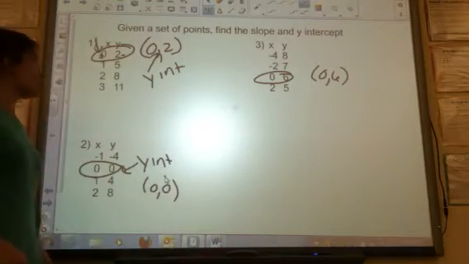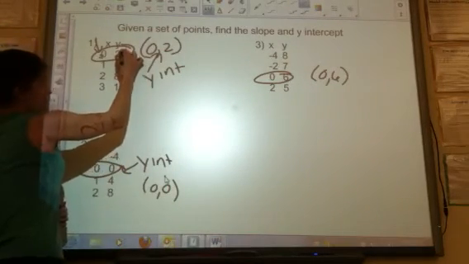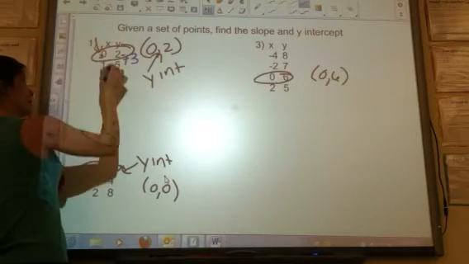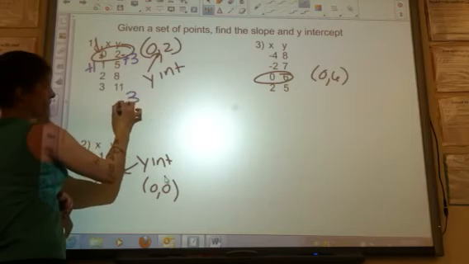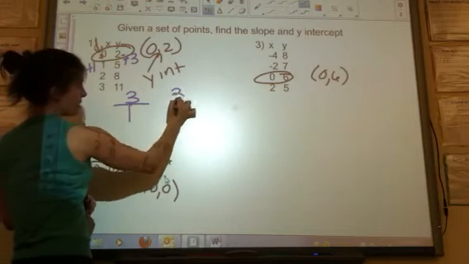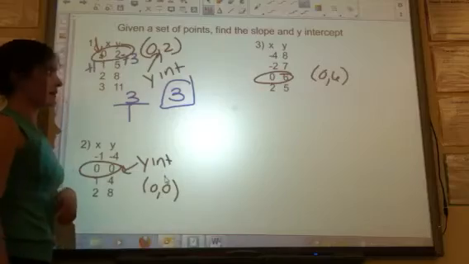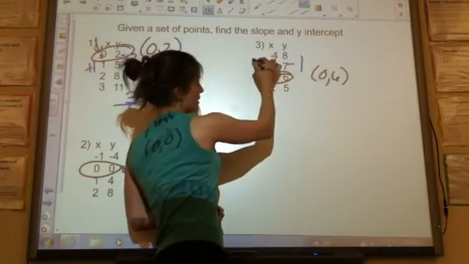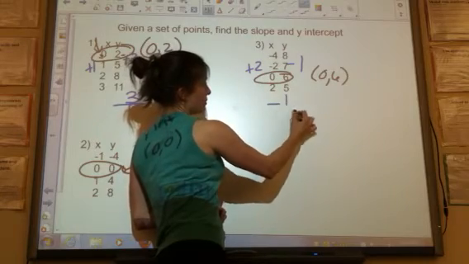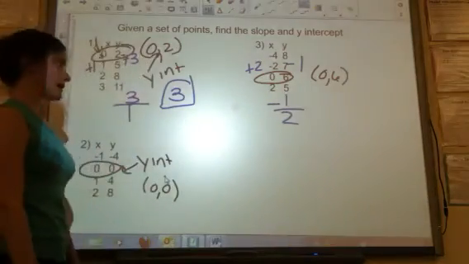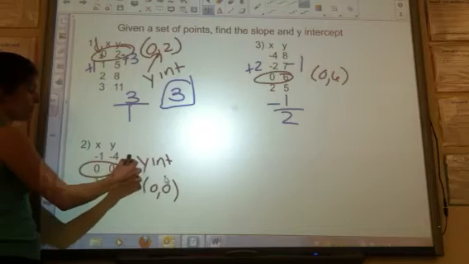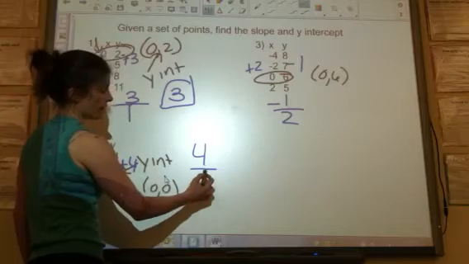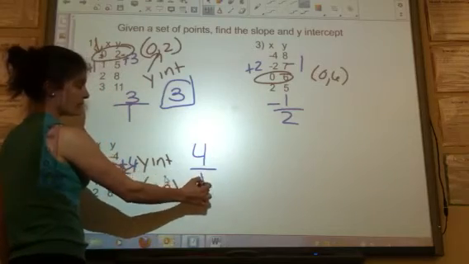If you don't need a review of slope, fast forward the video. If you need a review of slope, you are looking for the change, the pattern in your y and the pattern in your x, and you're putting the pattern in your y over the pattern in your x and simplifying.